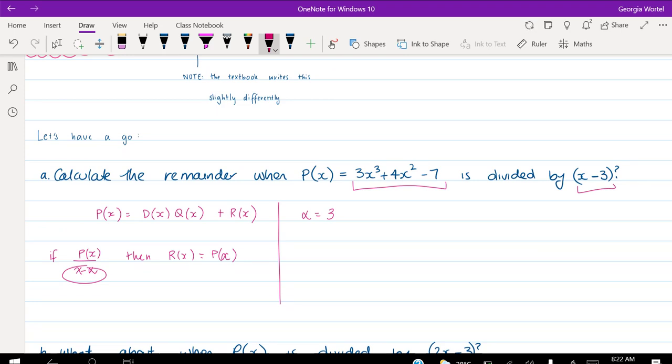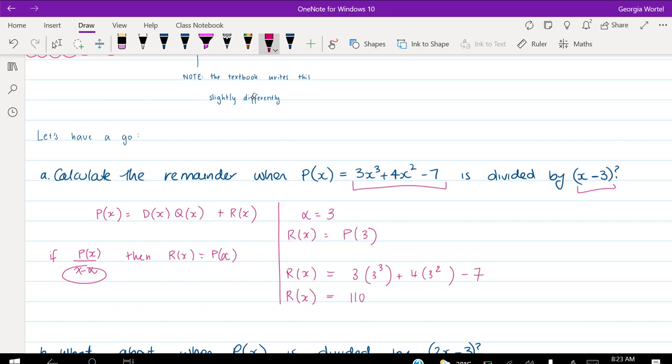That means my remainder is going to be equal to my polynomial when I sub 3 into it. So my remainder should equal 3 times 3 cubed plus 4 times 3 squared minus 7. Subbing 3 into there, our answer would be 110 if you were to work out all of those individual bits.